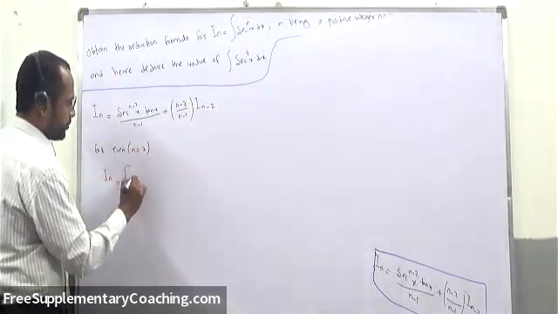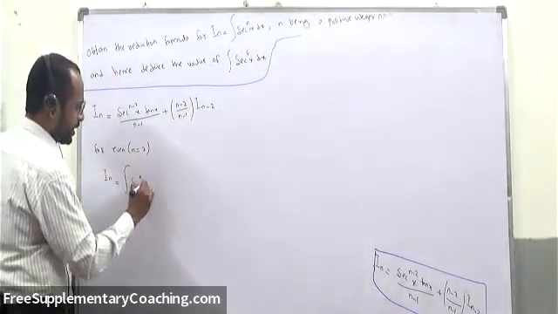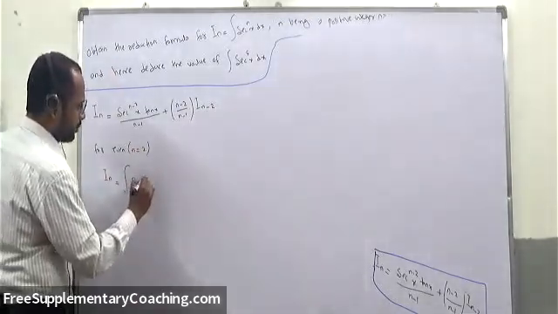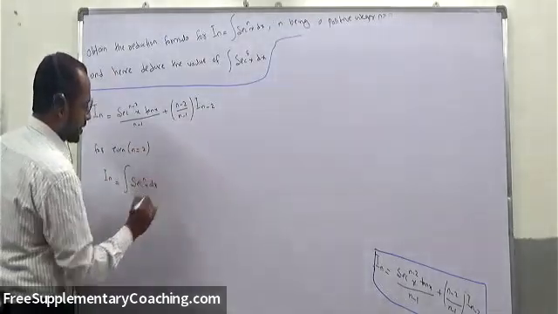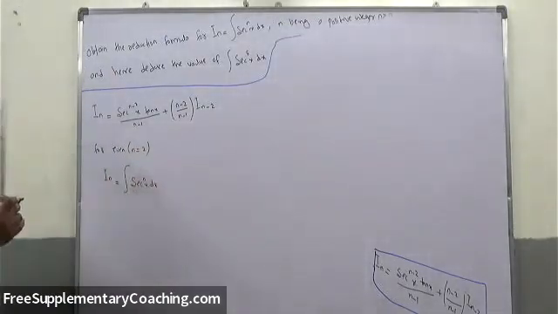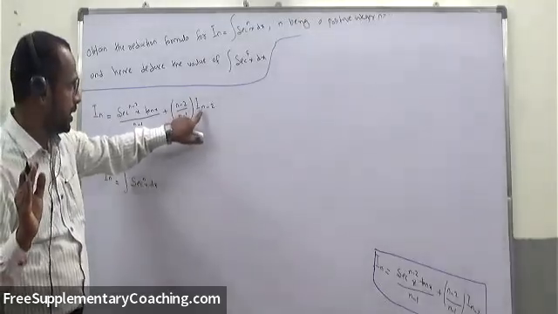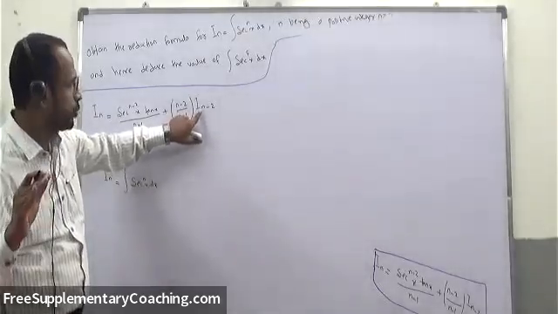So we have I_n is equal to integration of secant power nx dx. For the first step we have to use this condition only. Keep 2 here. 2 minus 2 is 0.